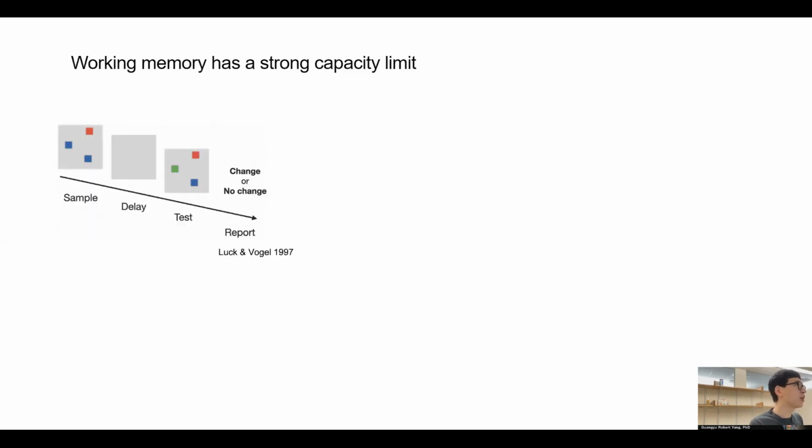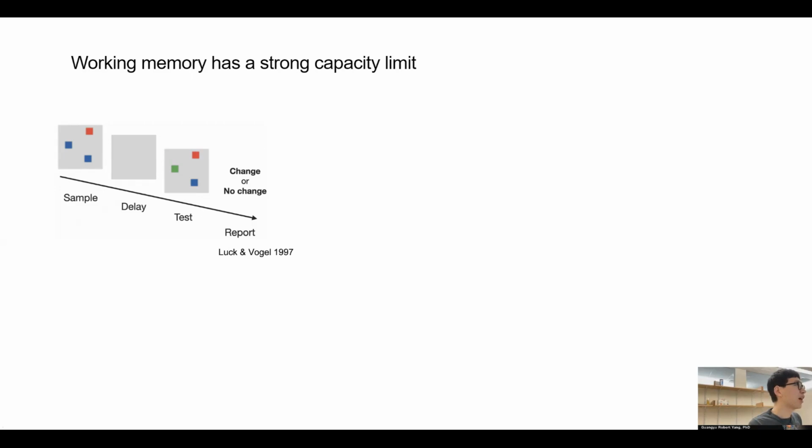So now I'll tell you some more details about how this capacity limit is tested in, for example, monkeys that don't understand numbers. And you can also use that for humans as well. Here we focus on visual working memory. This is where you show people a sequence of pictures, and they have to remember something about the pictures.